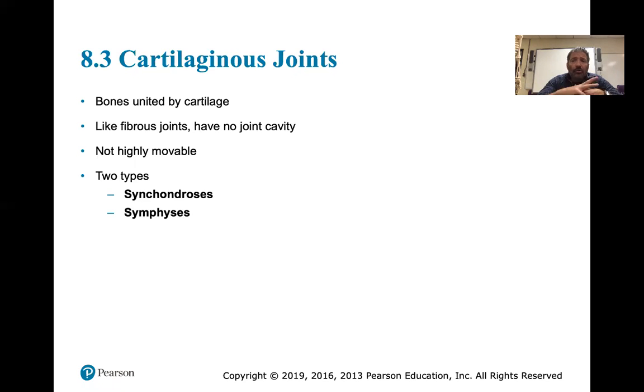We have to deliver nutrients from the fluid in the capillary bed. We have to get those nutrients into the tissue. So that's when you need to move a lot. So you need that pressure and movement to move that synovial fluid, bringing the nutrients to those chondrocytes and chondroblasts to get that cartilage to regenerate if it's damaged.